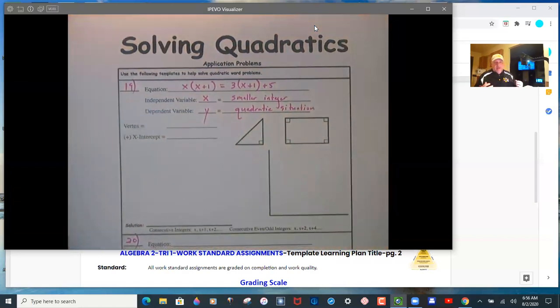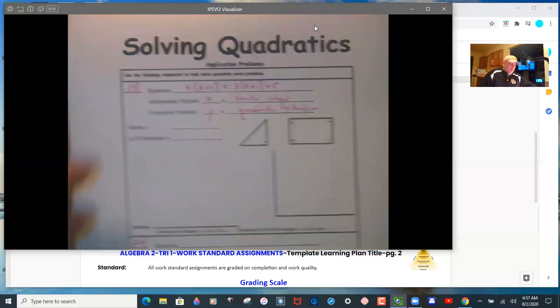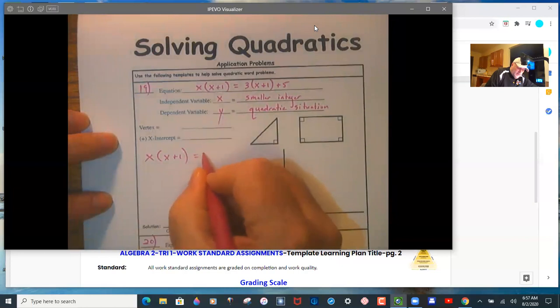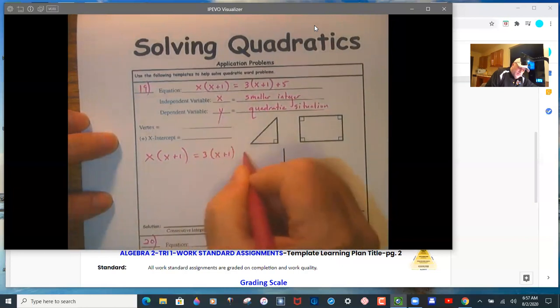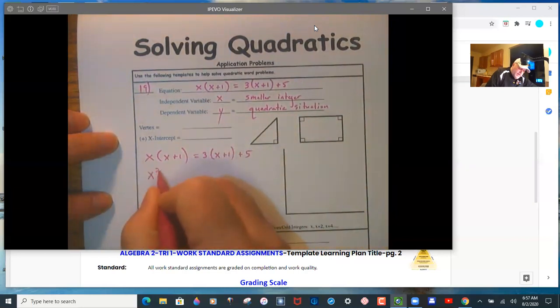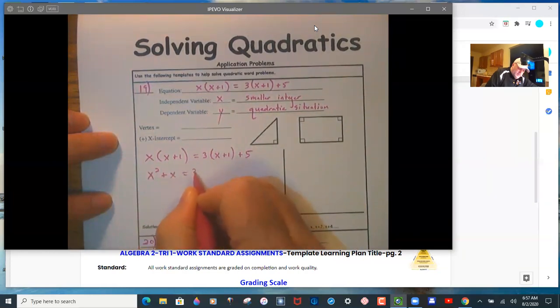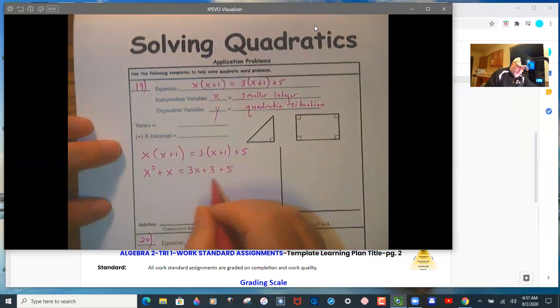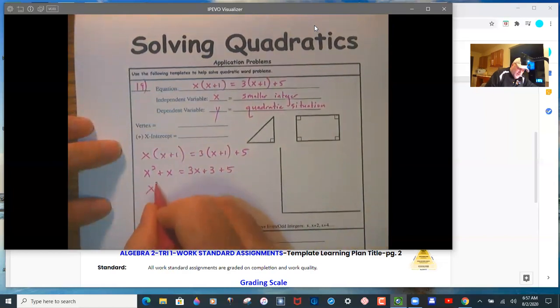So sometimes y represents a very specific thing, and sometimes it's just when you do all your work, take everything on one side, that's what it represents. So let's come down here, x plus 1 plus 5. Actually, we are going to get 2 answers that work with this. So that's 8. We're going to subtract 3x over, subtract 8 over.